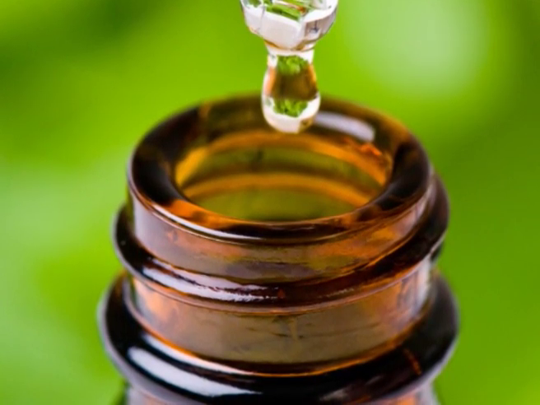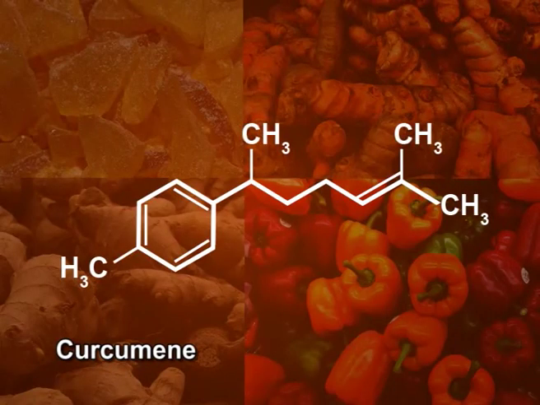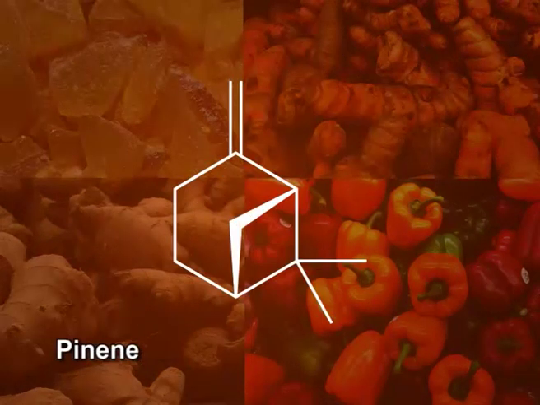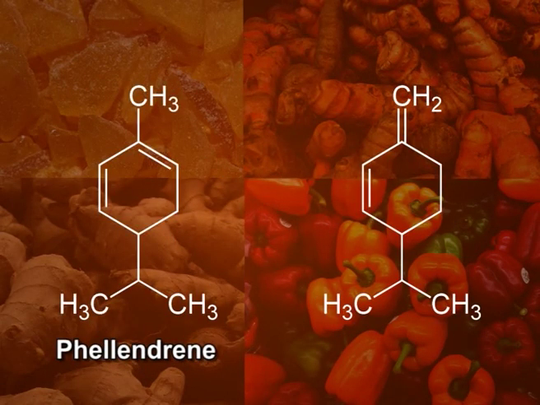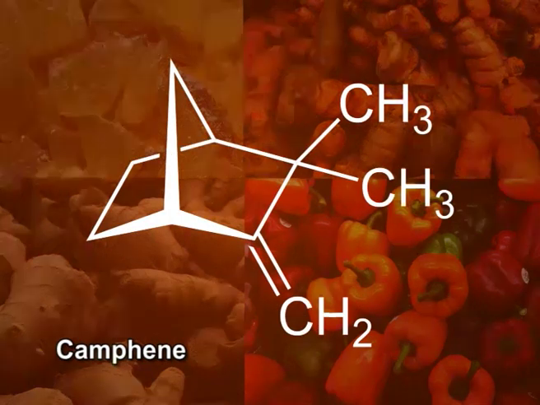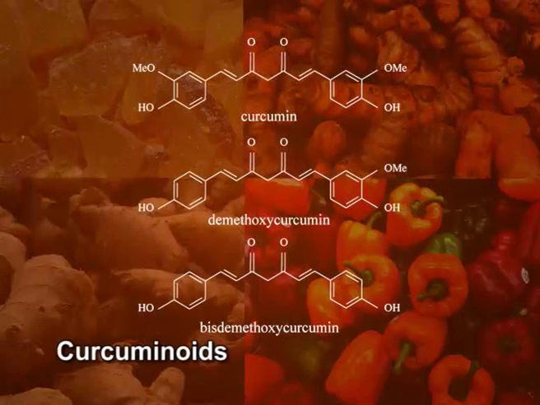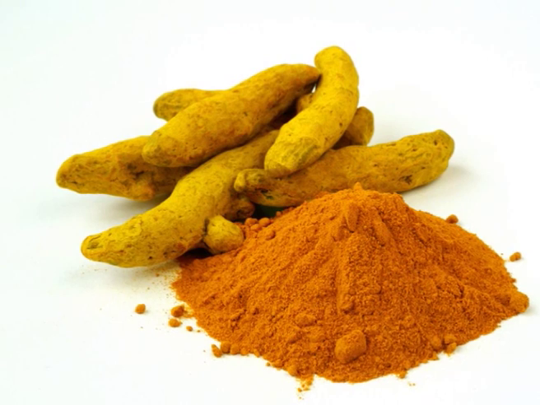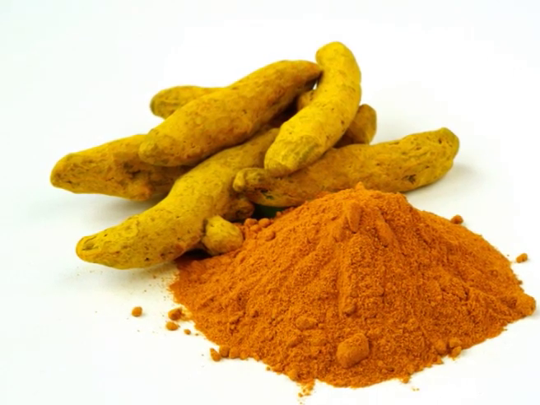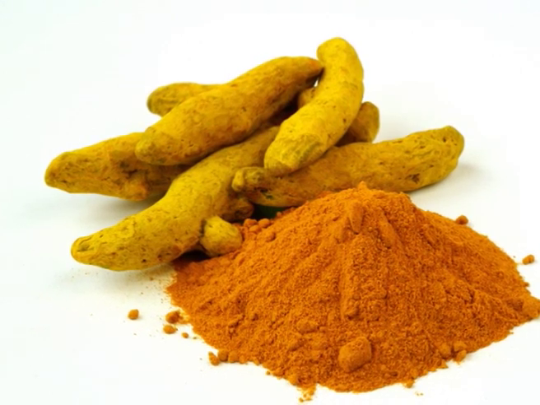The volatile oil fraction of the turmeric comprises of curcumin, zingiberene, turmerone, pinene, phellandrene, camphor, and camphene. The resin fraction of the turmeric comprises of curcuminoids, which yield curcumin ranging from 3 to 10%, which is a yellow coloring matter and the most important ingredient of the drug.